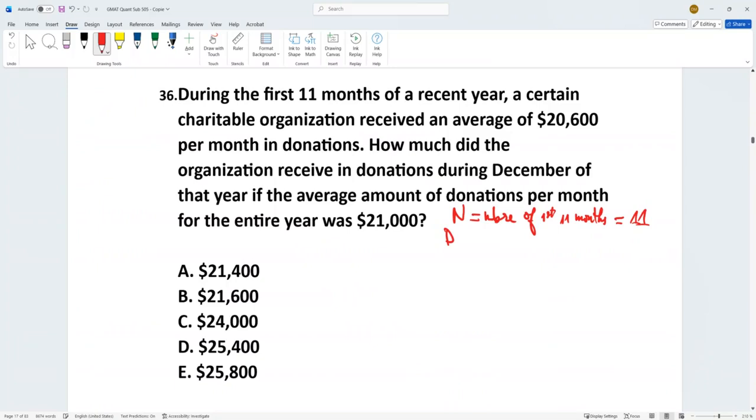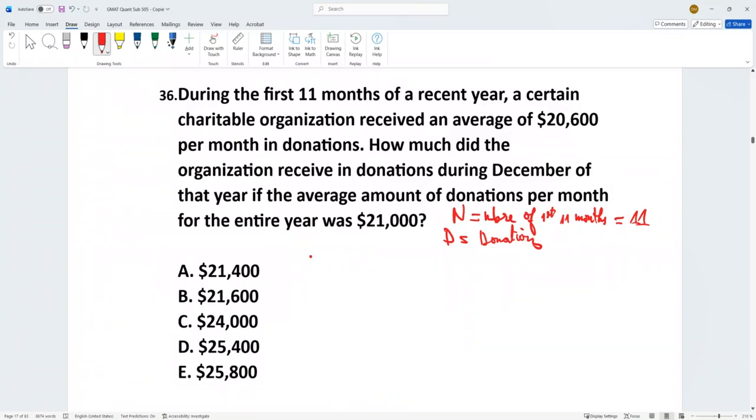And we are going to call D the donations. Now it tells us that for the first 11 months, the organization received an average of $20,600 in donations.